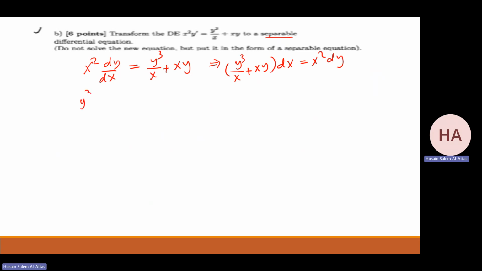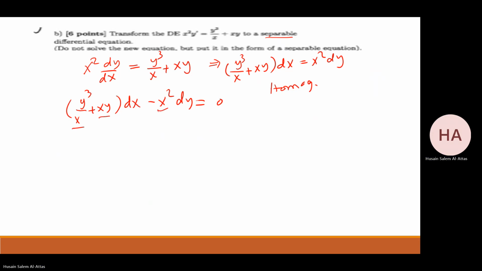In other words, y cubed over x plus xy dx minus x squared dy is equal to 0. Very clear, this is homogeneous. This is 2, this is 2, this is 2.